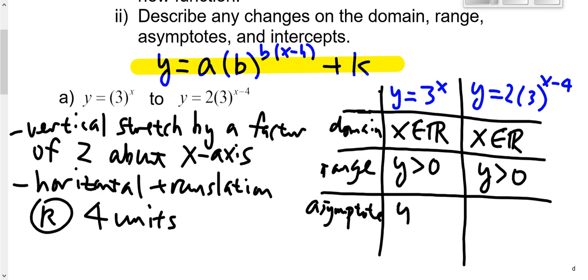So you have a horizontal asymptote of y equals 0. Okay, nothing touches 0, nothing goes below 0. So same thing here. Again, look at the graph on your graphing calculator.